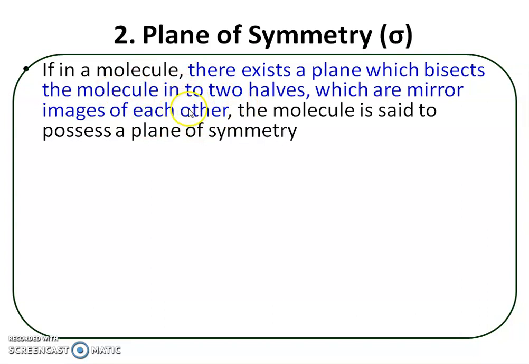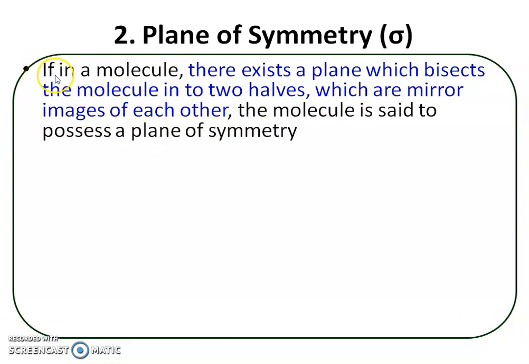Suppose one plane is imagined, and along that plane the molecule is reflected, and after reflection we get mirror images of that molecule which are symmetrical, then we say that in that particular molecule there exists a plane of symmetry. So this definition is very important.